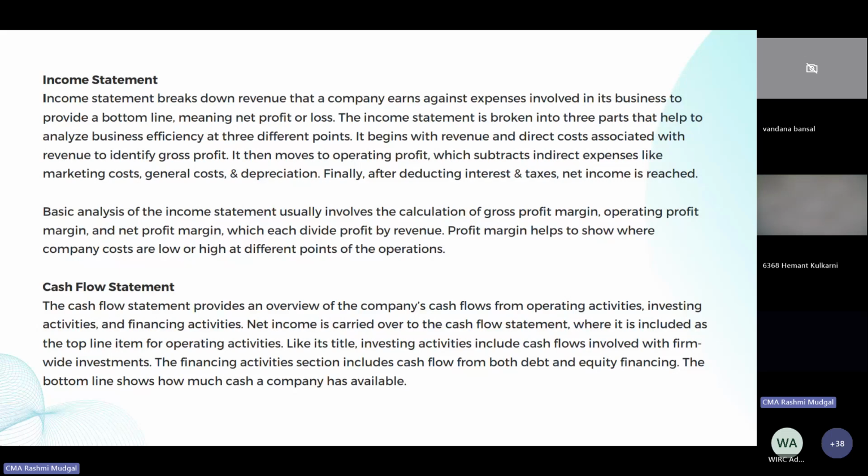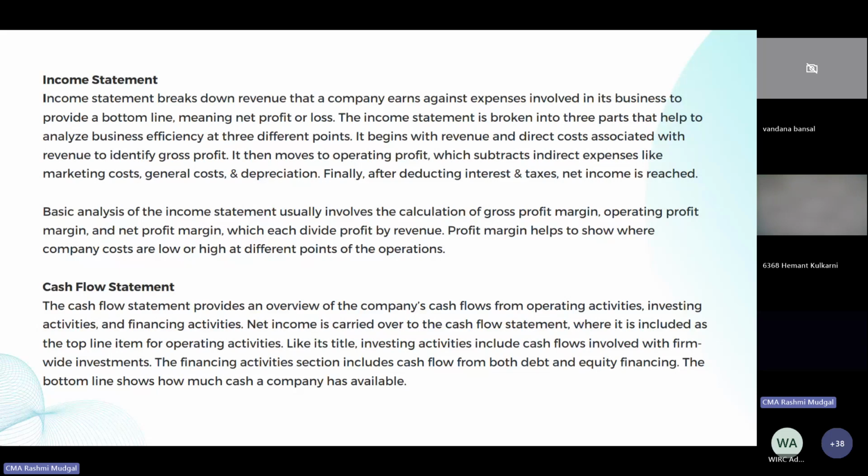The income statement is broken into three parts that can analyze business efficiency at different points. It begins with the revenue and direct costs associated with the revenue to identify gross profit, then moves to operating profit. So they are calculating the profit from the business only, which subtracts indirect expenses like marketing cost, general cost, and depreciation.